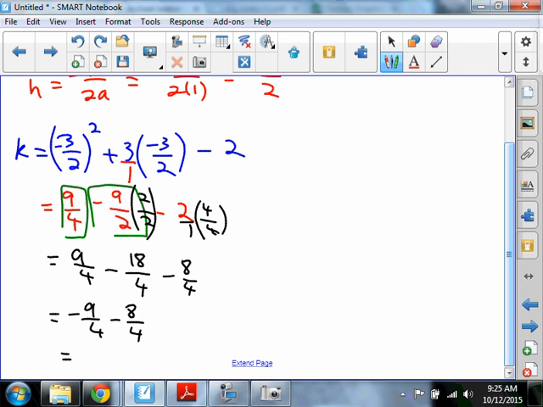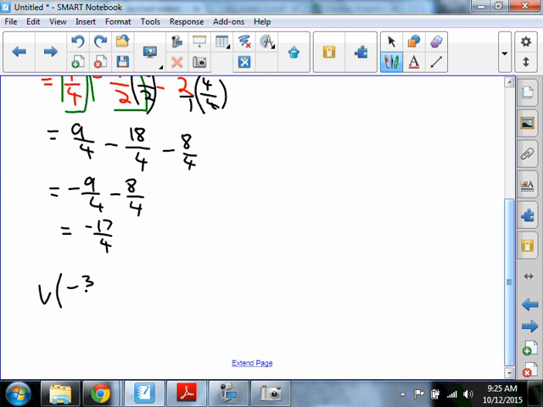So how many fourths is that going to be? Negative 9 take away 8 more. Negative 17/4, huh? So my vertex is negative 3 halves, negative 17/4. That's my vertex. We haven't even got to graphing it yet. We'll come back to that.